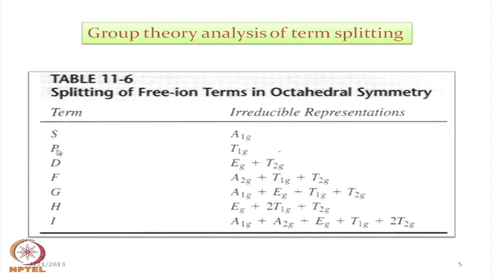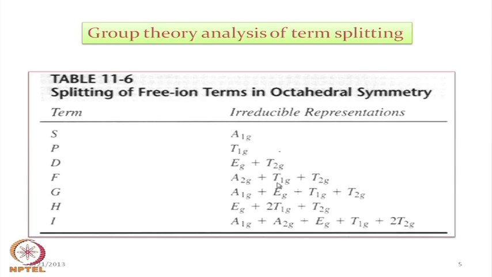Similarly, this P term, which is a triplet, will be termed in the corresponding crystal field as T1g. We will find in some cases that if the ground state is the F term, after splitting the corresponding terms in the octahedral field will be A2g, T1g and T2g. If it has another excited P term, which we also get in the d2 electronic configuration, 3F is the ground state, then the immediate excited state is 3P.